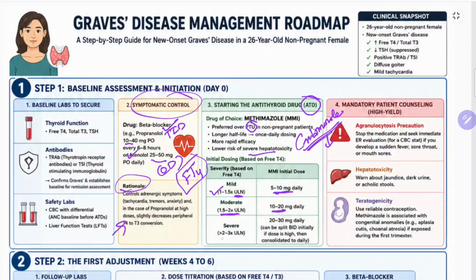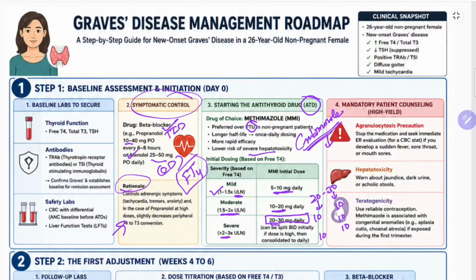If it is more than 2 to 3 times the upper limit of normal, then the dosage is 20 to 30 mg. And remember, when the dosage goes to 20 to 30 mg, you should split the dose. For example, if the patient needs 20 mg, you will give 10 morning, 10 evening. If he or she needs 30 mg, then you should give 10 morning, 10 afternoon, and 10 evening, like that.